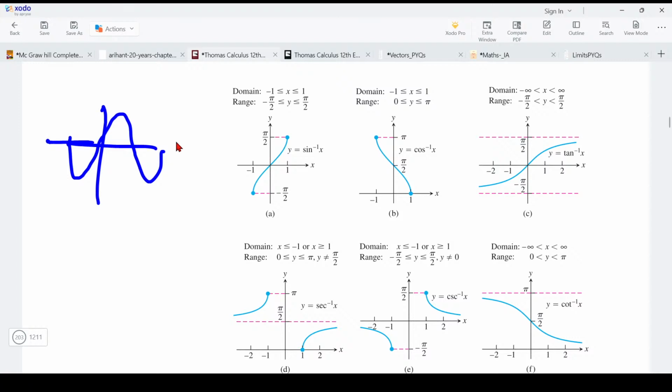Earlier we discussed when a function should have inverse, obviously the function should be 1, 1. Because if a function is like this, if you try to do inverse, there are two y's for the same x. If you try to invert, then you will get two x's for the same y, which is not possible.